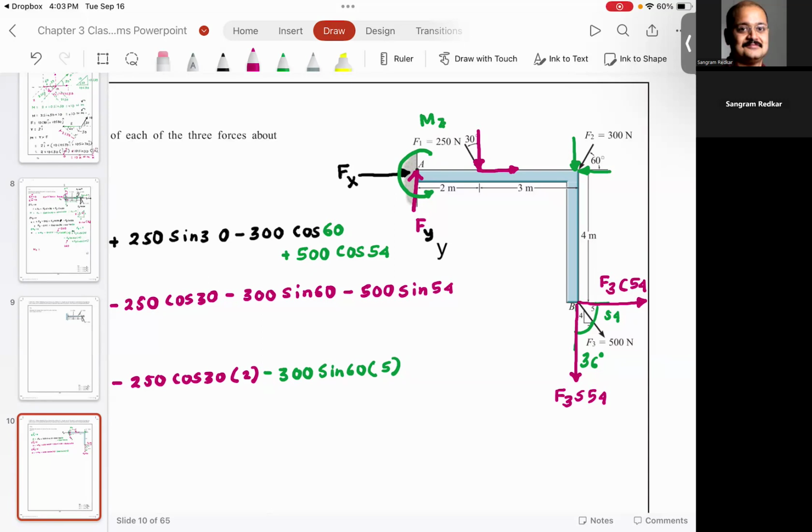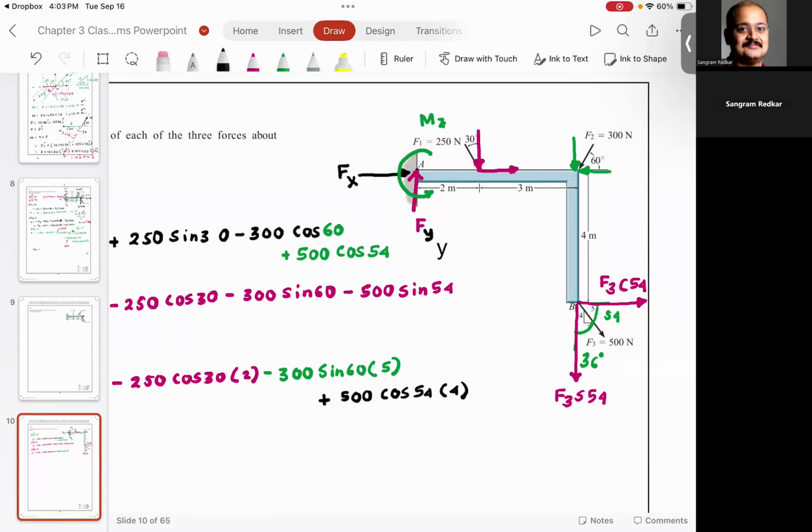So F3 cosine 54 multiplied by 4 is going to give you the moment. Whether that moment is positive or negative, curl your fingers in the direction of moment, and that moment is going to be positive. So this moment is going to be positive. F3, which is 500 cosine 54 times 4.